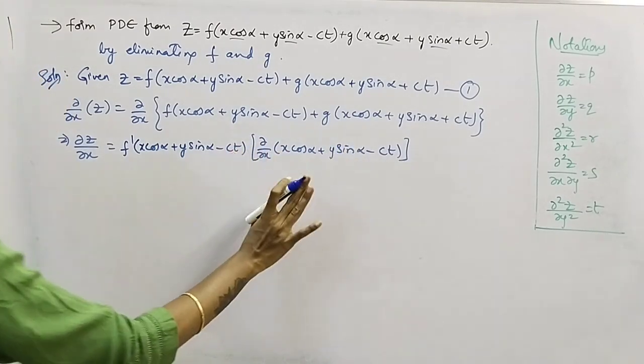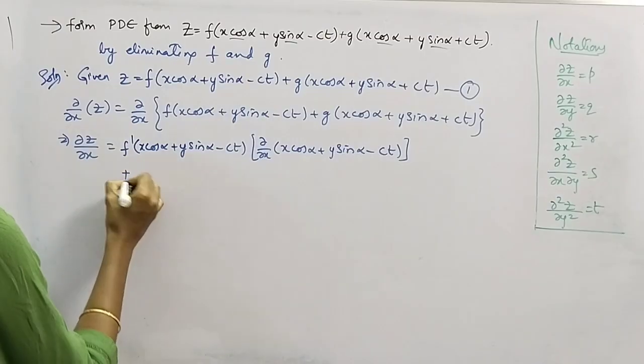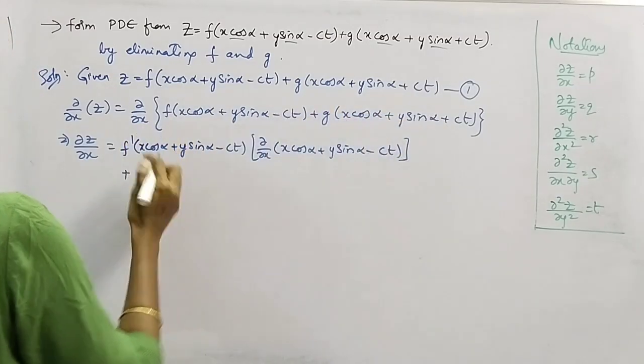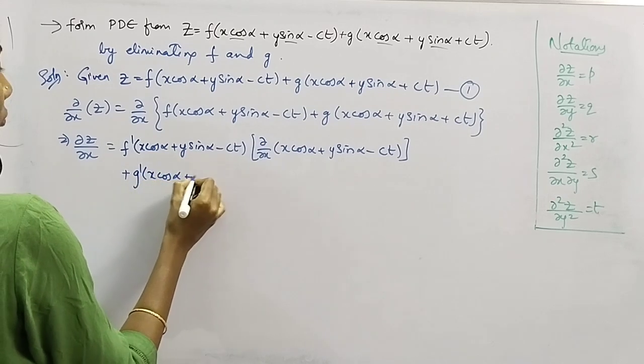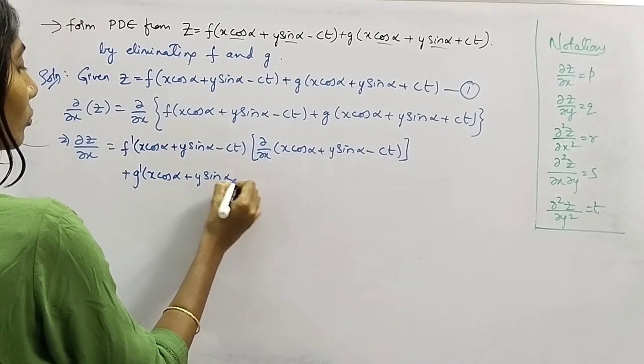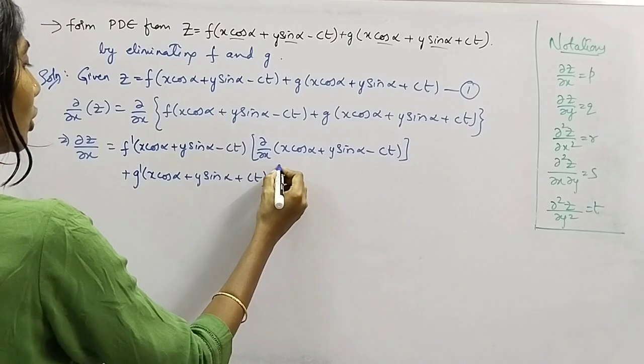Instead of writing this, we can write directly cos alpha, plus the partial derivative of g with respect to x is g dash into the inner derivative.